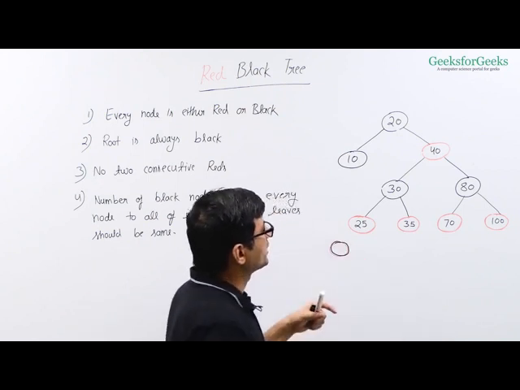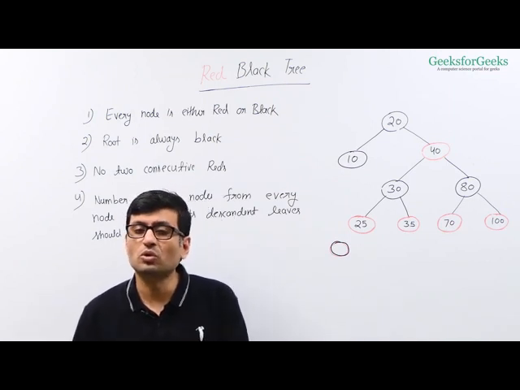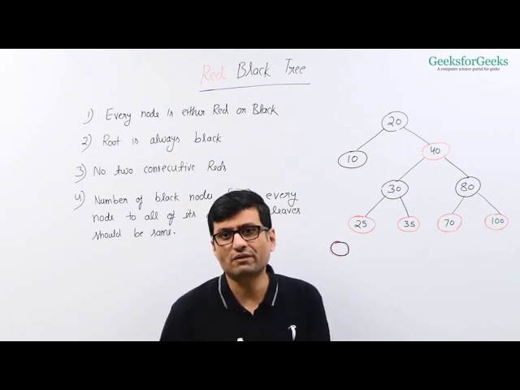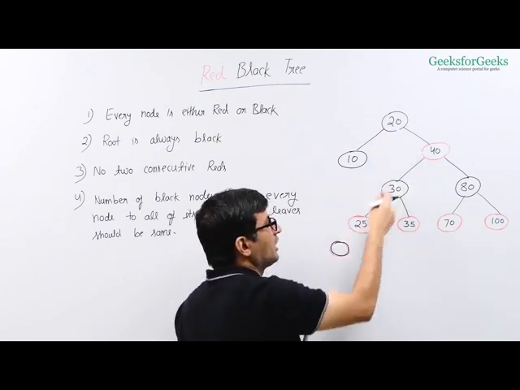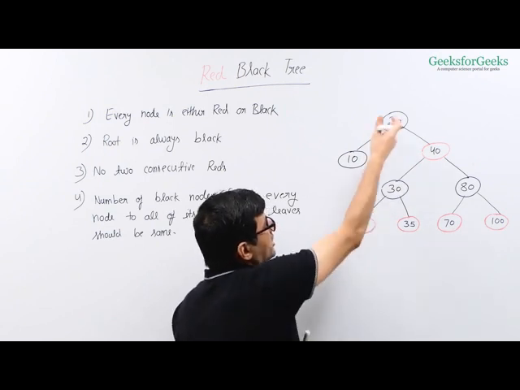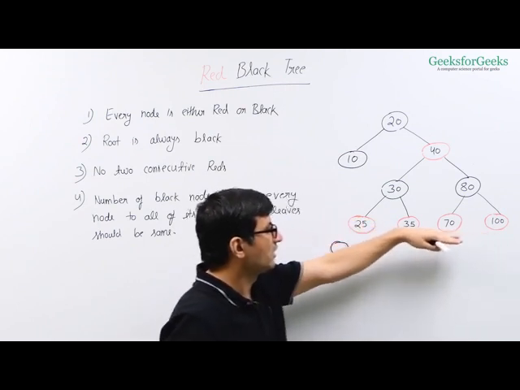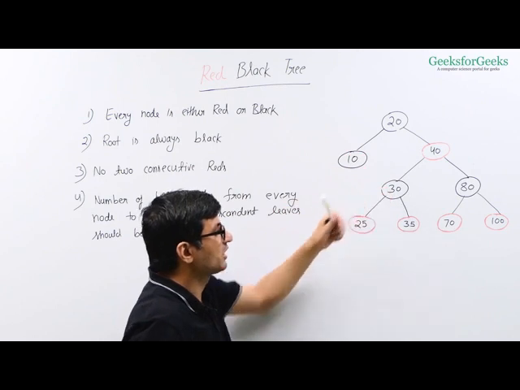Because fourth property says that number of black nodes from every path, from root to all the descendant leaves should be same. Not only from root, from every node. So if I add a black node, then this path will have more black nodes than this path. So we cannot add any more nodes on this side, right? So we can't have more unbalancing. This is the maximum unbalanced.